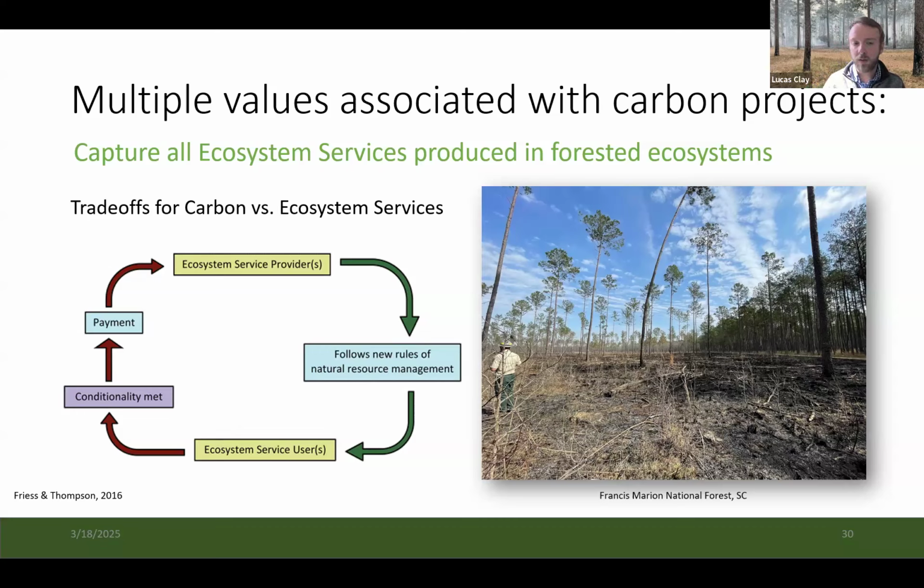So this is coming, and this is becoming really important, especially in the South, as we've done a lot of good around our carbon sequestration by maximizing forest growth, but we do continue to have opportunities to increase biodiversity and increase ecosystem services in many types of our ecosystems.